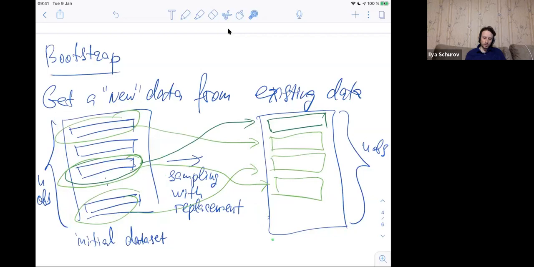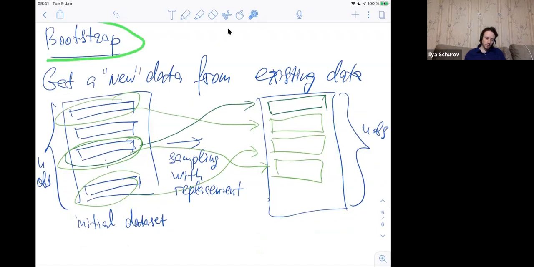And so then you can apply the same algorithm, for example, the same clustering algorithm, to this data set and see, do you have any significant difference between the results. So this is an important procedure. And this can be done to test how good your clustering is, how stable it is.